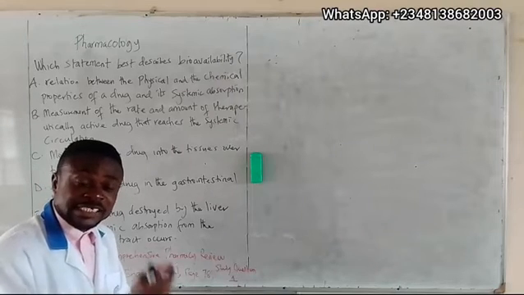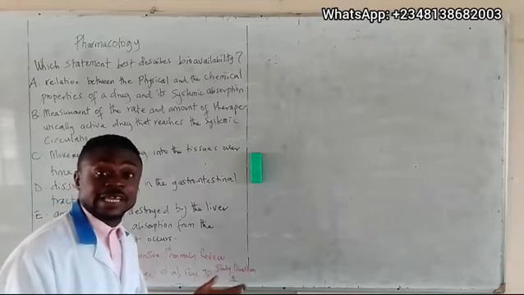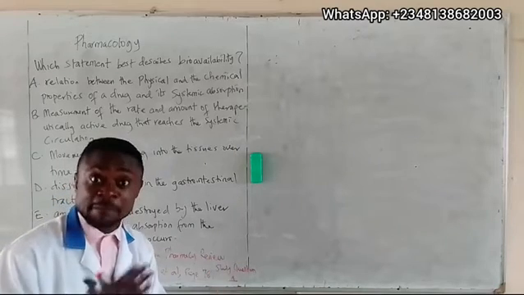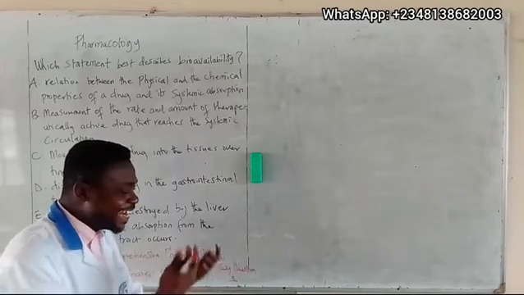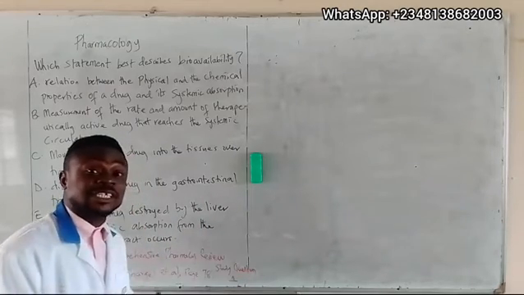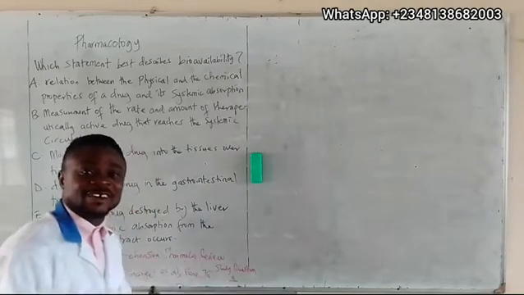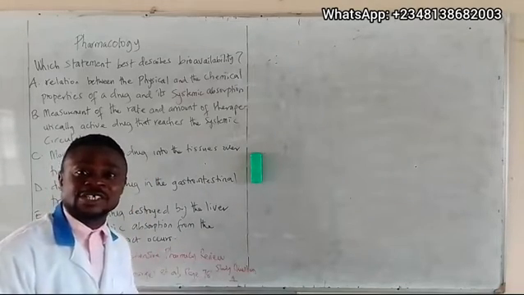What will exert effect is the active ingredient. The active ingredient may be up to 500 mg, as in, for example, paracetamol in a tablet, but not that 500 mg will get to the systemic circulation to exert the required pharmacologic effect.